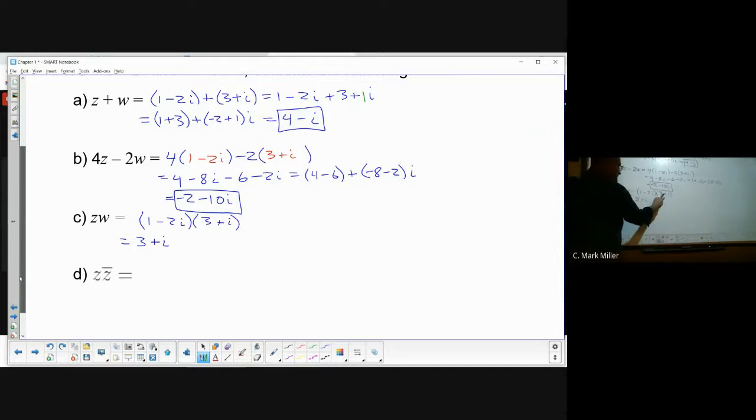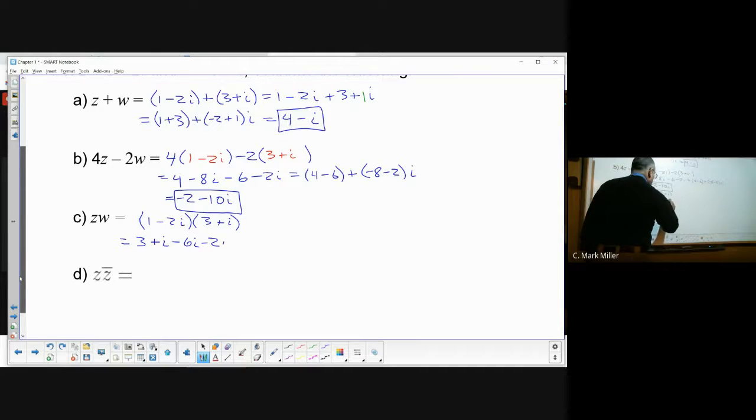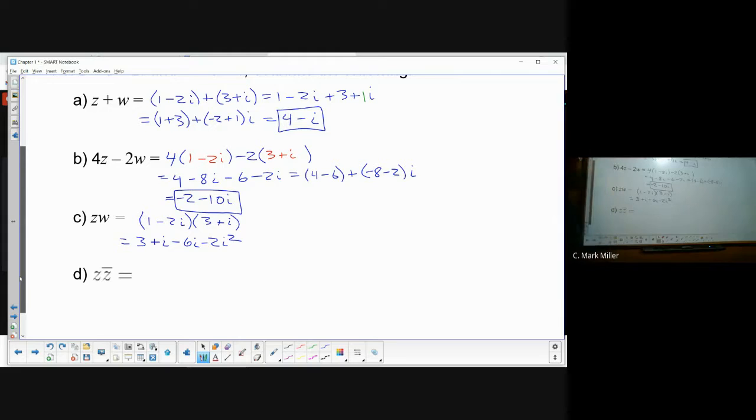Minus 2i times 3 is minus 6i. Minus 2i times i is minus 2i squared.